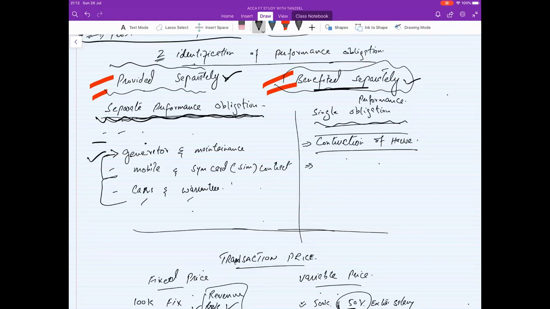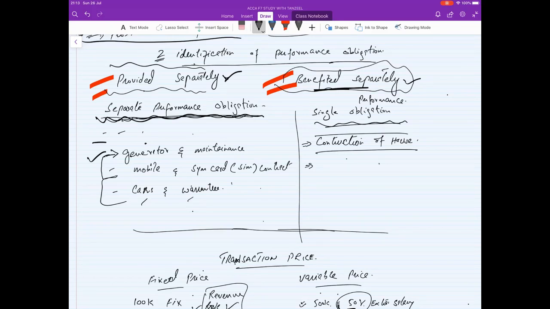The second example is mobile and SIM card. Like in the UK, you can get a SIM and they will give you the phone for free, or in a contract you pay £50 for the SIM plus you get the phone as well. It's benefited separately, because if you buy only a mobile from me, it will give you the benefit, and if you buy a SIM from me, it will still give you a benefit in isolation.